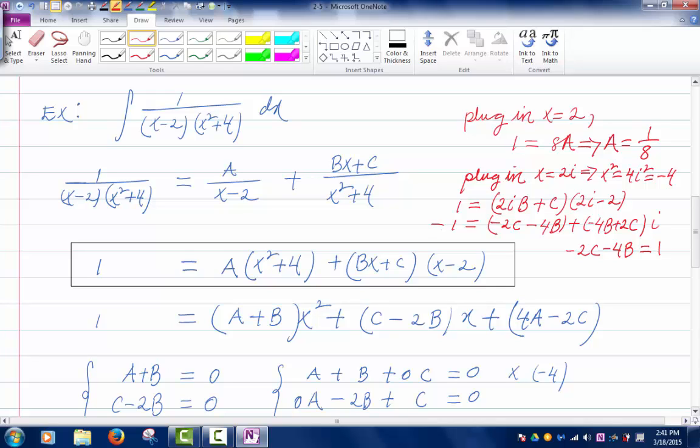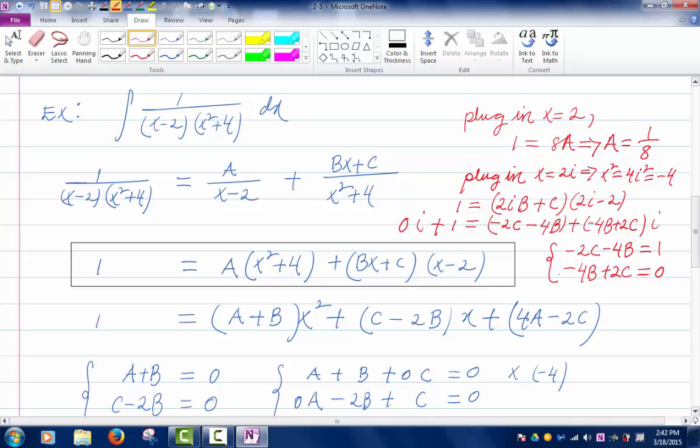On the left-hand side, the coefficient of i is 0, so negative 4b plus 2c is equal to 0. Am I making sense? And then you have two equations and two unknowns. You know how to find b and c, right? I'm not going to carry that over.